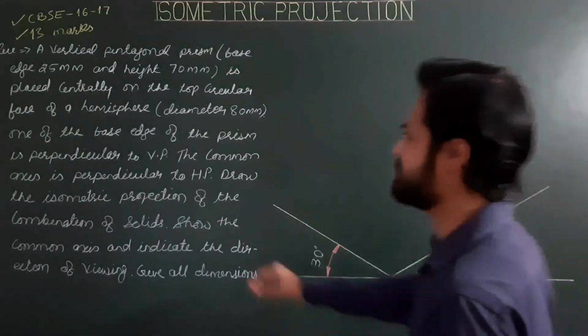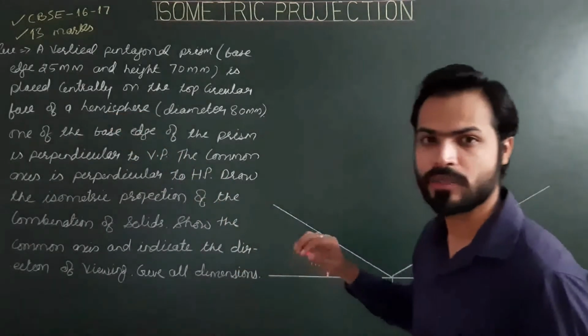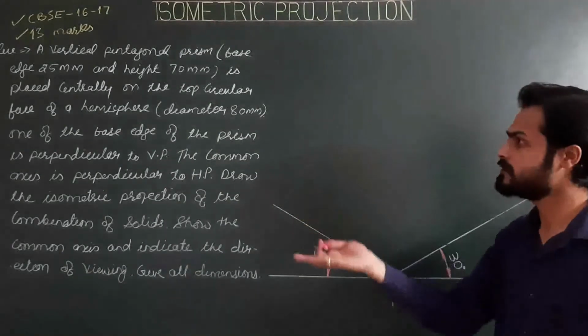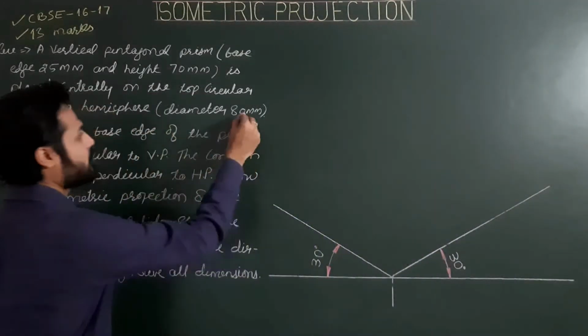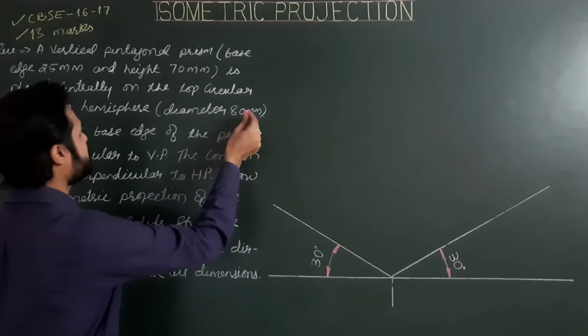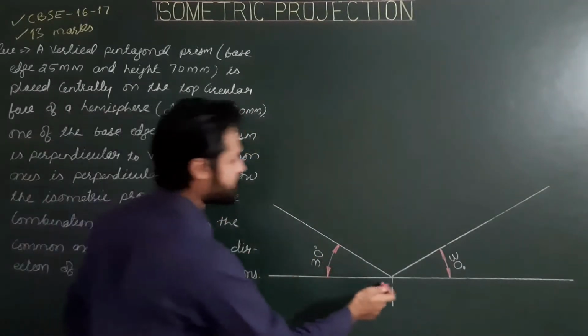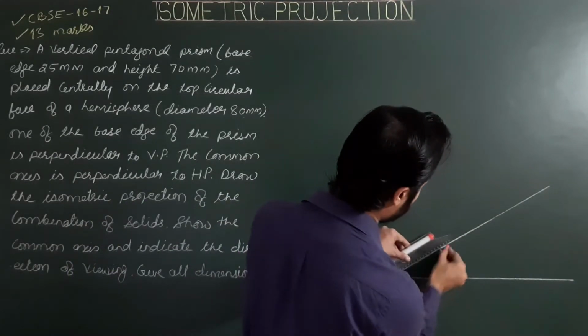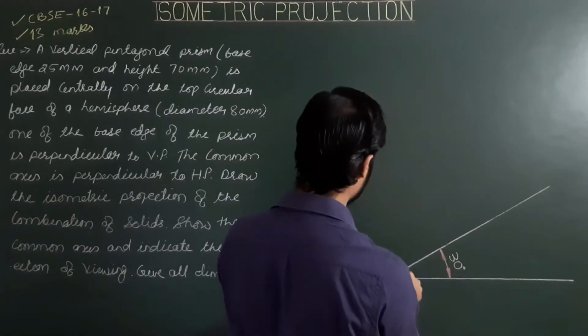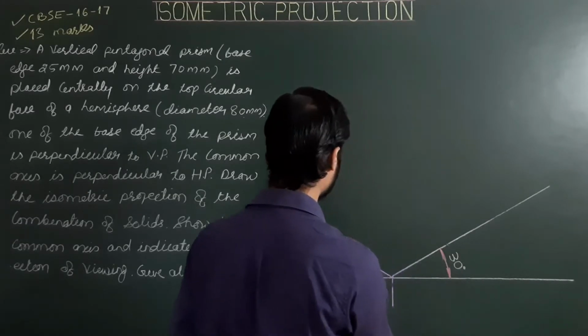For construction of the hemisphere, first we are required to mark the point of contact of the curved portion of the hemisphere on the ground. So, marking limits of the radius of the hemisphere, iso 40, along the first and second iso-axis.